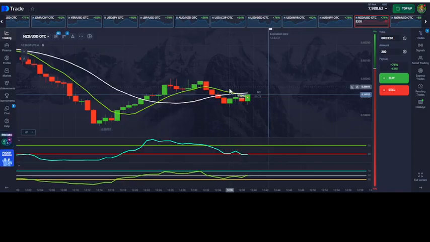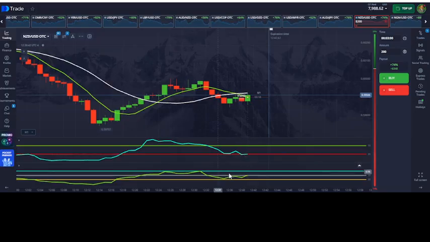And the reason why I took the short here is we have this fast SMA line, the green SMA, crossing below the white SMA in a downward direction. Secondly, the DeMarker signal line has hit the red 30 line here, and it's holding steady.